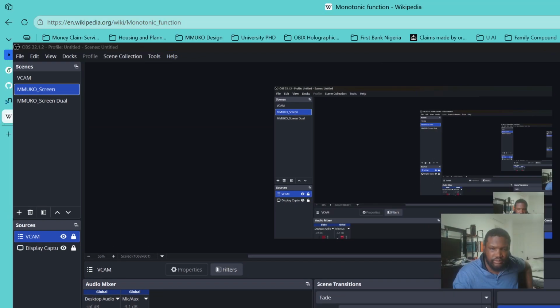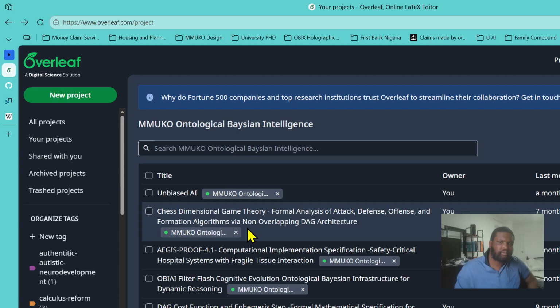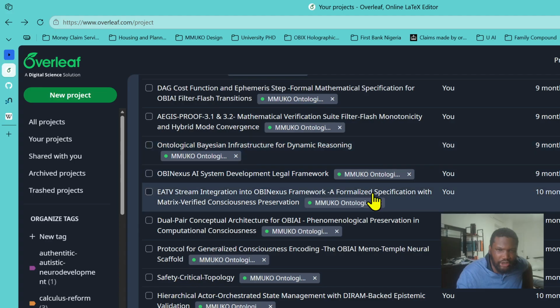So let me get into some of my work now, and I'll show you why this matters to me. We have my Overleaf work, and I can see it's quite a lot here on Muko ontological Bayesian intelligence.